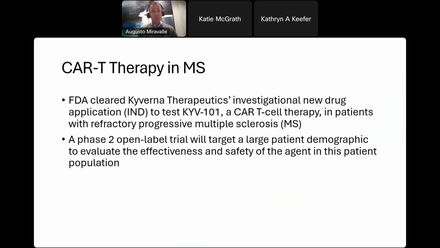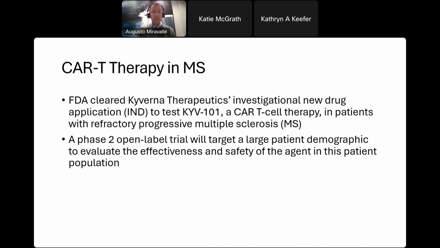Something I want to draw your attention to is something that happened at the beginning of this year, 2024. The FDA gave clearance to a company called Kyverna Therapeutics to study a new type of drug. This is exciting because it is something that up until now we didn't have in MS. It's called CAR T therapy.